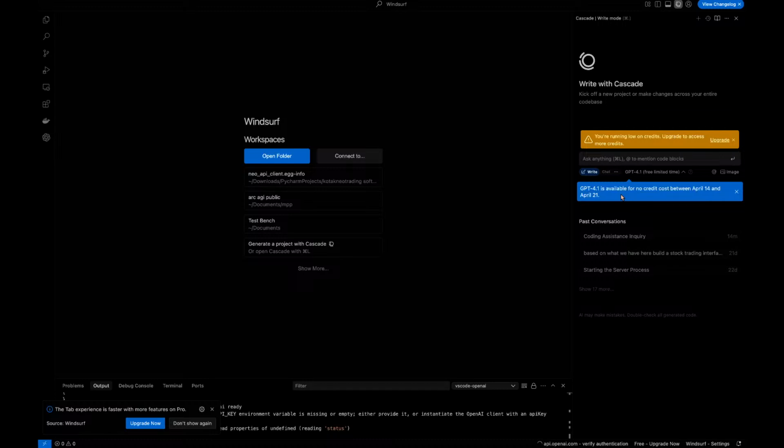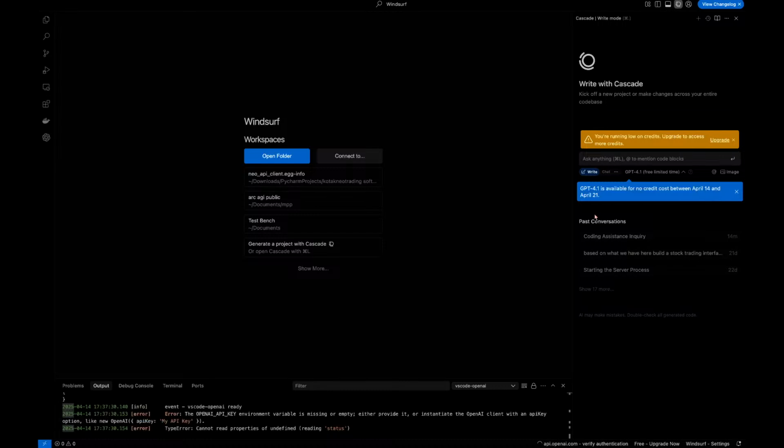OpenAI has released their GPT 4.1 series of models, and as you know, the mystery models Quasar and Optimus Alpha were obviously from OpenAI, and as said, they have 1 million context length. So this is Windsurf if you are wondering, and as you know, they have started a partnership, and as you can see, GPT 4.1 is absolutely free from April 14th to April 21.